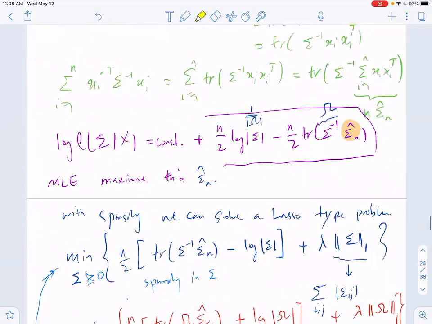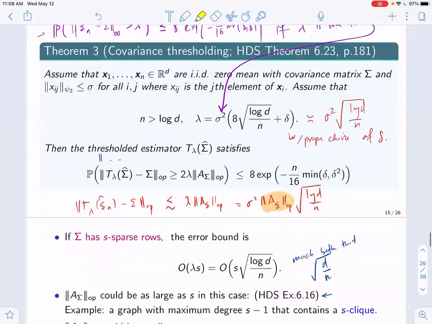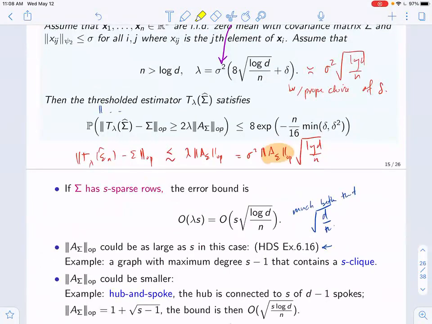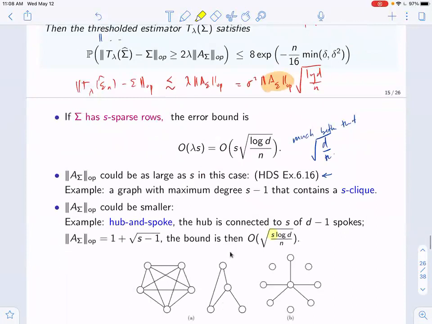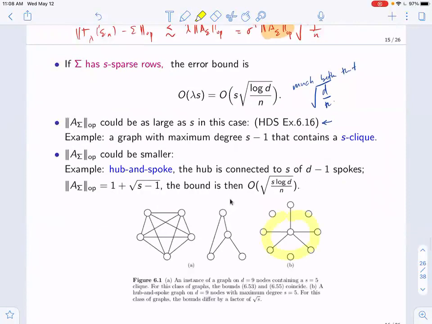But there's this extra term, which is the price that you pay because of the unknown sparsity pattern, or because there are some non-zero elements outside the diagonal that you're trying to estimate. In the worst case this would be S, if every row has S non-zero entries, and it could be smaller, like root S for certain hub and spoke structures.